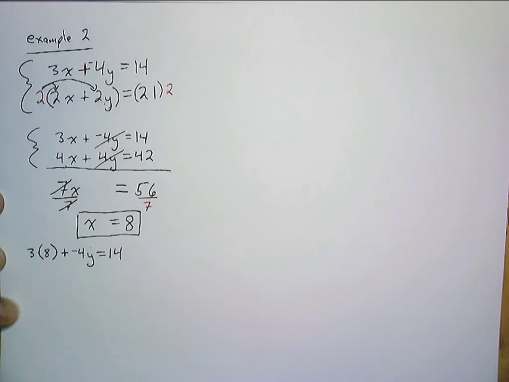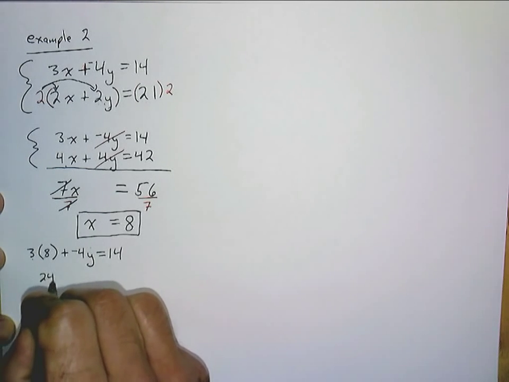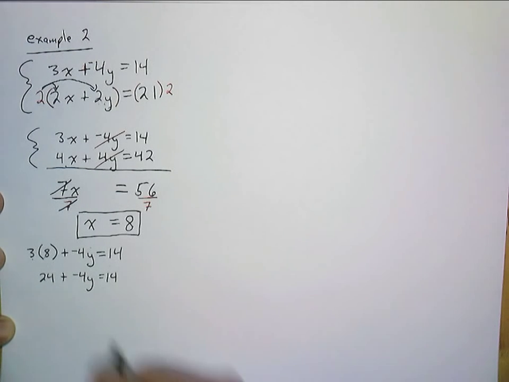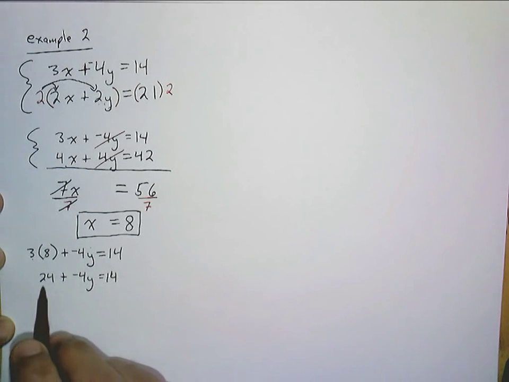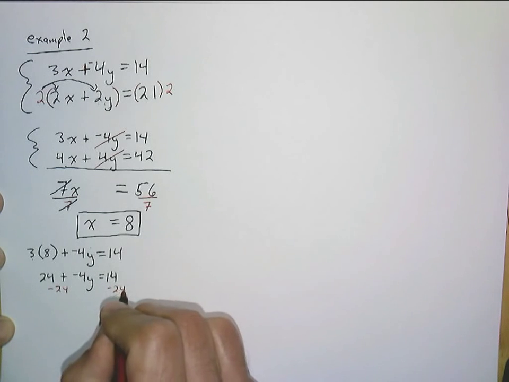So now we just got to figure out what y is. So we'll just solve this. 3 times 8 is, of course, 24. Let's rewrite this. Now we're going to undo what's being done to y, but in reverse order. So first thing we're going to do is subtract 24 from both sides.